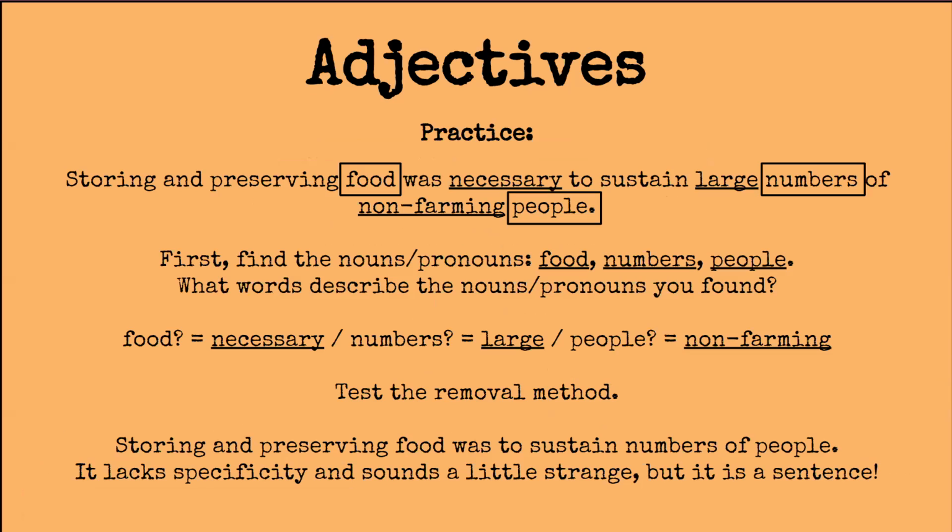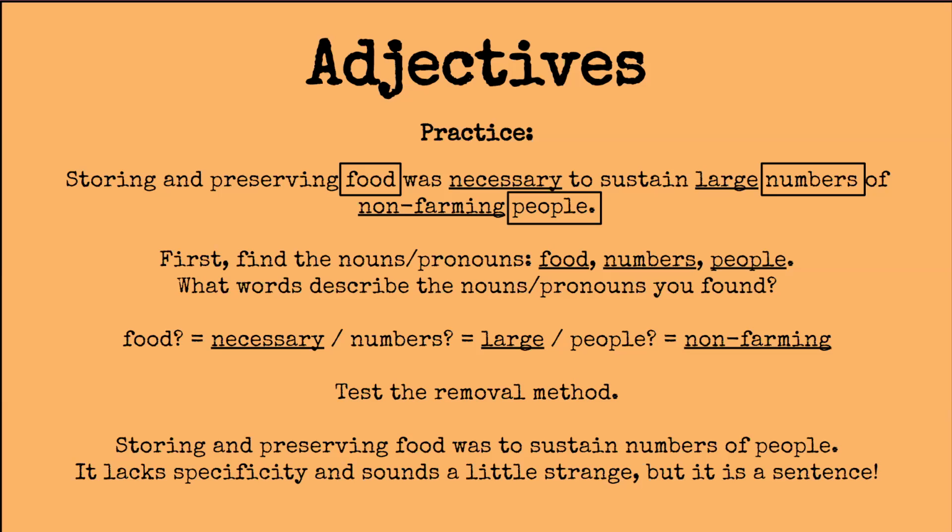The 3 nouns that I find are food, numbers, and people. So now that I know what the 3 nouns are, I can look to see if there are any words that are adding further meaning to them. What adjectives exist that help add more meaning to food, to numbers, and to people?